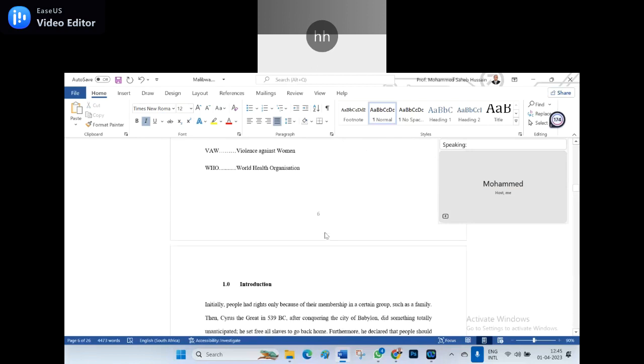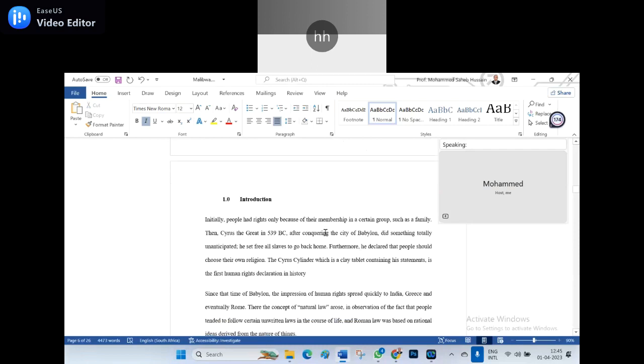Okay, after the abbreviations, World Health Organization, okay. Introduction. Yeah, because it is becoming a research proposal, hence you have to write the heading in the center, bold and all capital letters, and 1.0. And with this 1.0, I don't know why you did not push it to the total left. You have to push it total left.